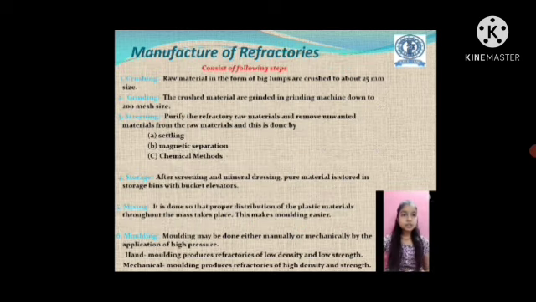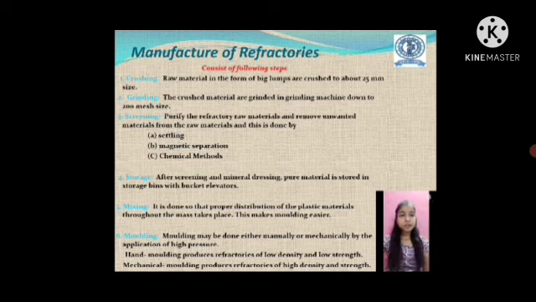So the next is manufacture of refractories. It consists of the following steps. First, crushing. Raw materials in the form of big lumps are crushed to about 25 millimeter size. Second, grinding. The crushed materials are ground in a grinding machine down to 200 mesh size. Third, screening.